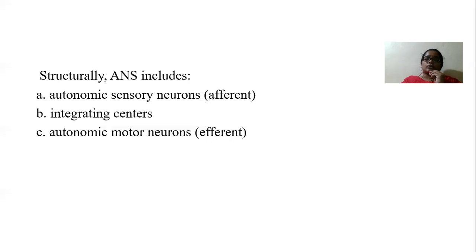After that, the motor neurons receive the signals from the integrating centers and conduct nerve impulses away from the CNS, carrying the signals towards the effector organs. So these are the three major structural parts of the ANS: afferent neurons, integrating centers, and autonomic motor neurons, also known as efferent neurons.